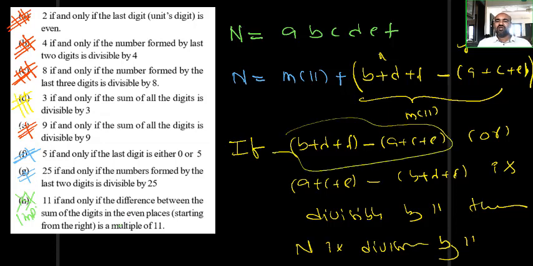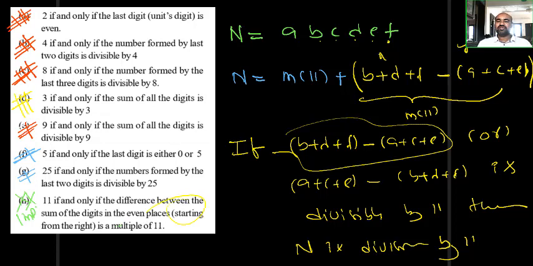Actually, in the given 6-digit number, there is the unit digit, then the digit in the 10th place, 100th place, 1000th place, 10,000th place, like that. So the number is divisible by 11 if and only if the difference between the sum of the digits in the even places and the sum of the digits in the odd places is a multiple of 11, counting from the right.